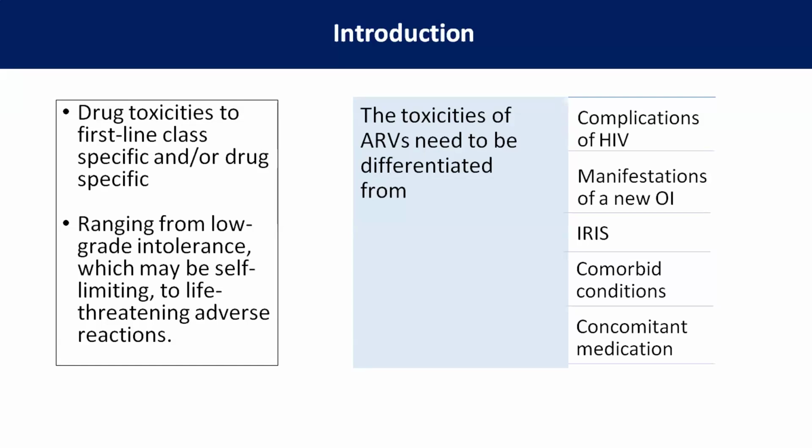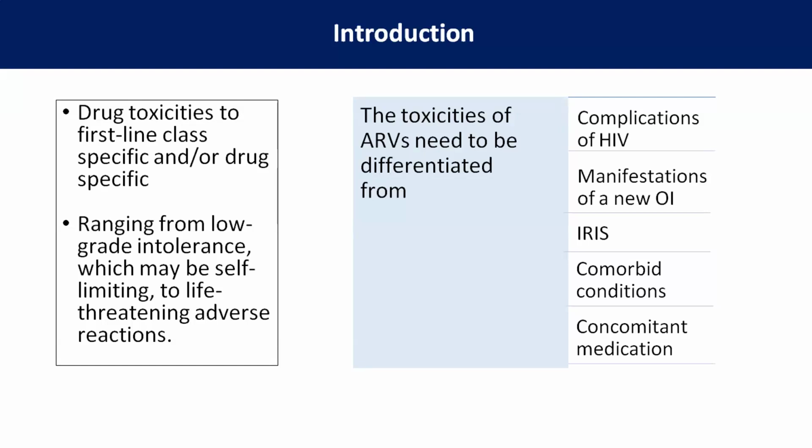It is very important. They may be related to jaundice of hepatitis A, B, C, E, or maybe due to drug toxicities of antiretrovirals. So you have to identify whether the toxicities are due to antiretrovirals or due to associated HIV illness or manifestation of an opportunistic infection.